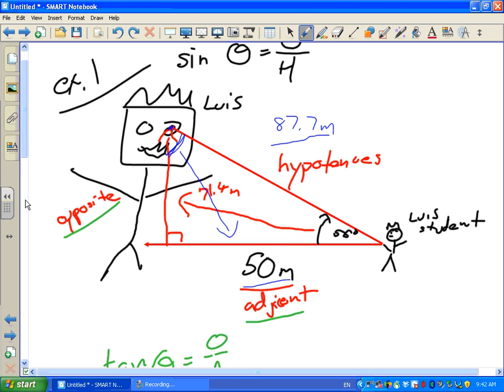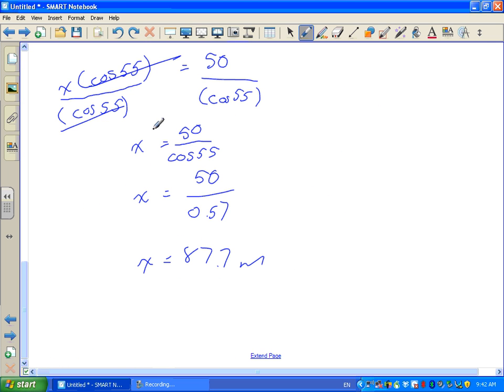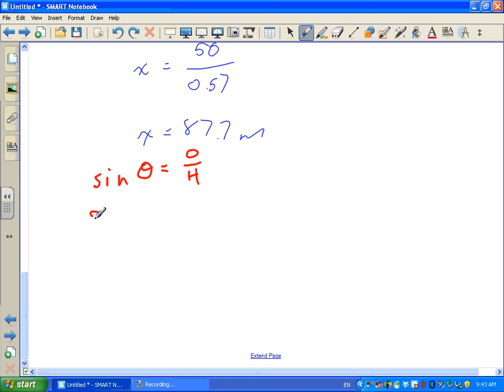Okay, so I'm going to set this up with sine, and we were doing sine in red before. So sine theta equals 50 over 87.7.